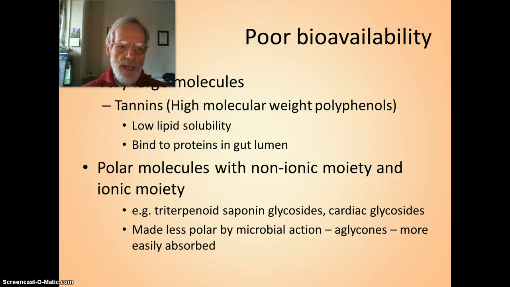And as we've hinted before, microbial action will make them less polar, chomp them up into aglycones, and then they're more easily absorbed. And this is an issue with some endogenous compounds as well.